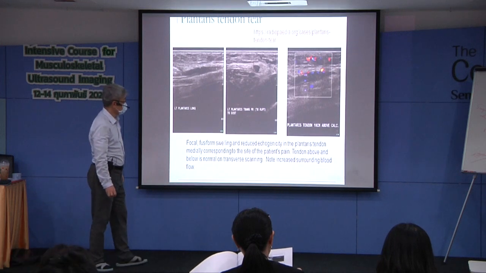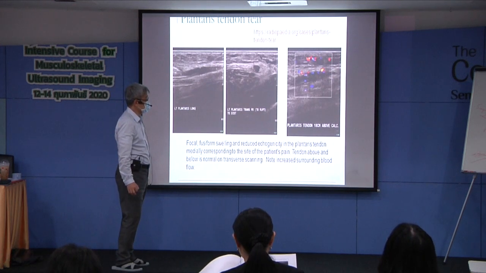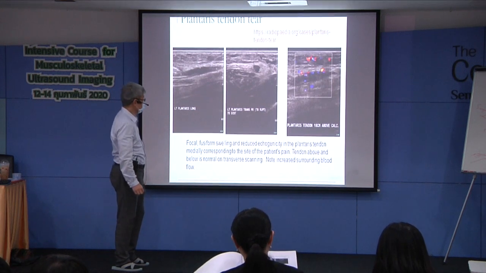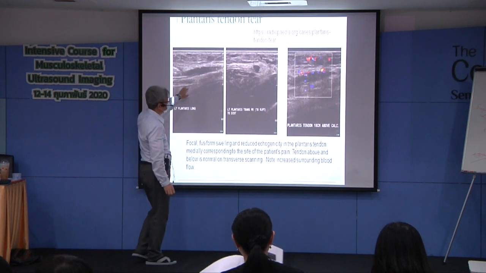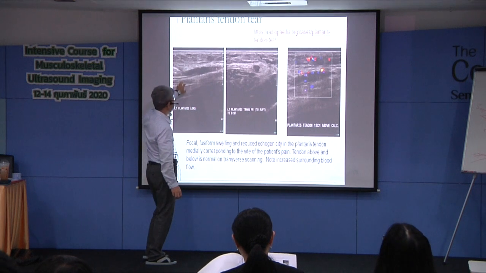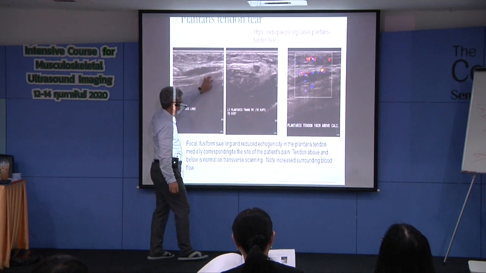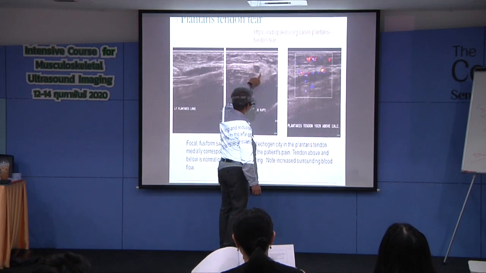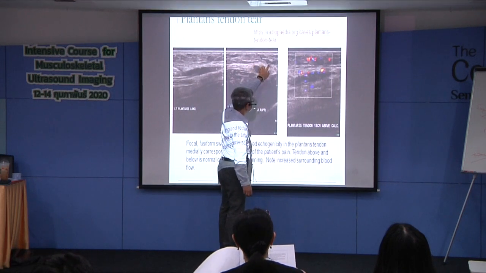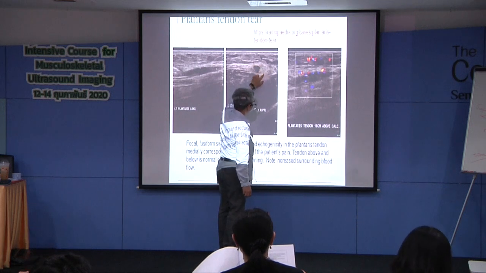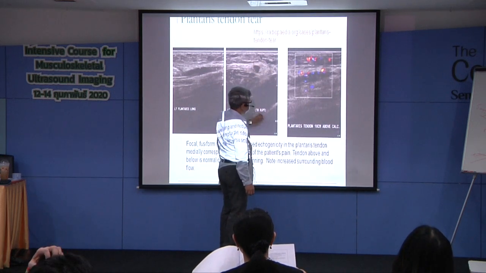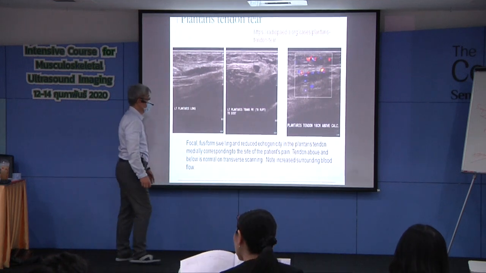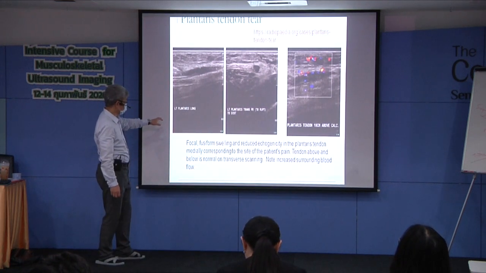I think there are some examples of tibialis and Achilles tendon tendinopathy that can be found on the internet. This is an example of plantaris injury. In the transverse view, you can find fluid in the ovary-shaped or round-shaped plantaris, and there is color Doppler in the case of a plantaris tear.